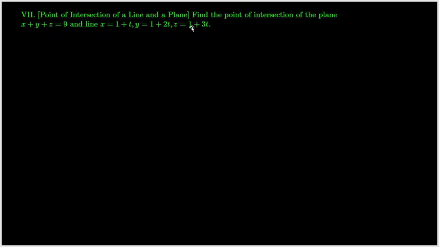It's possible to see the line is not parallel to the plane. I will try to still draw something, okay? You have a plane. The plane has the equation x plus y plus z is equal to 9. And you have a line. I told you the line is not parallel to the plane.